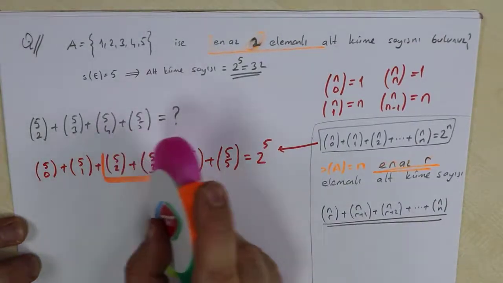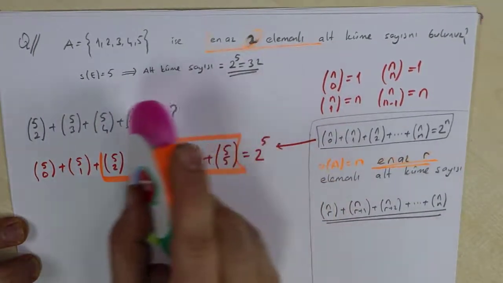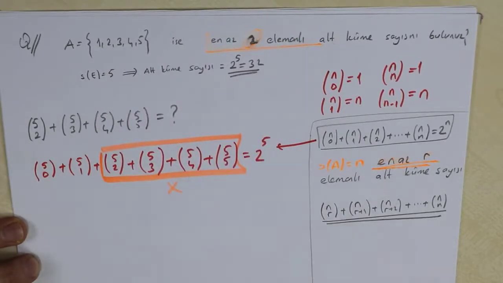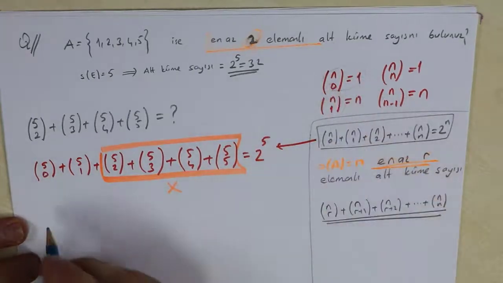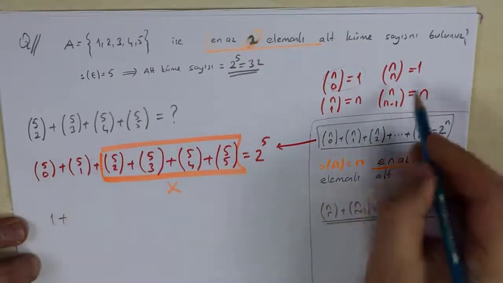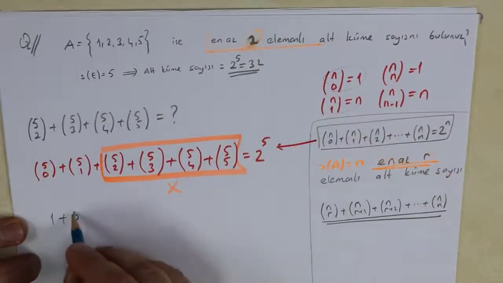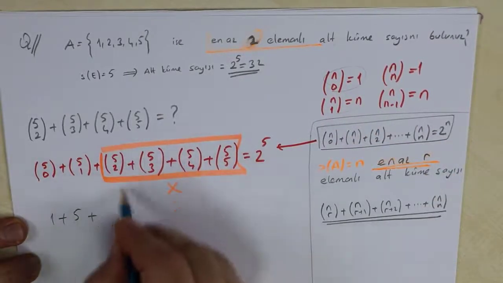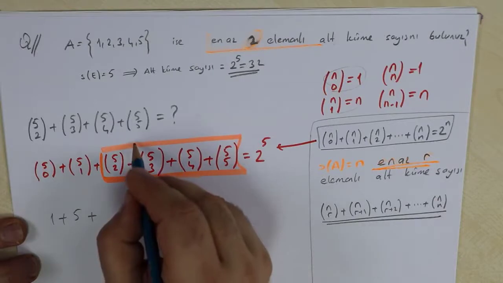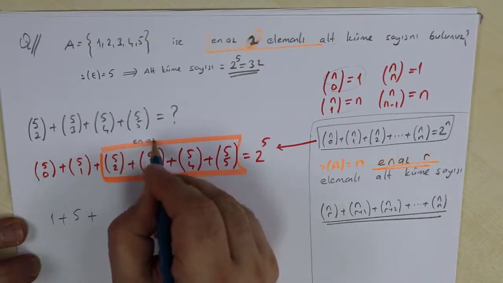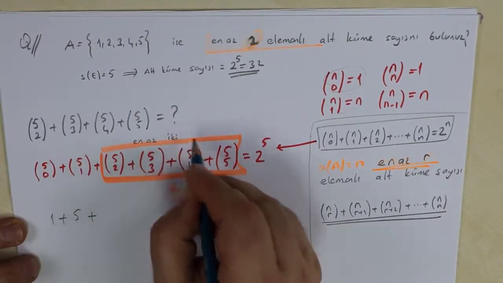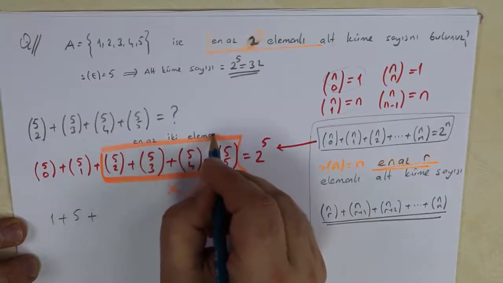So if we assume that this is x, then we can substitute 1 plus 5 for these first two terms. This is x we are looking for, at least 2 elements in the subset.